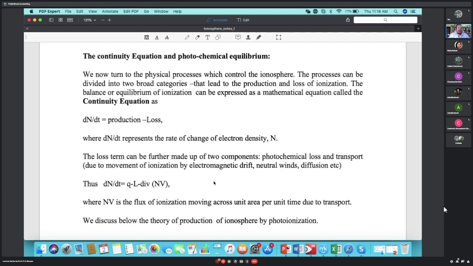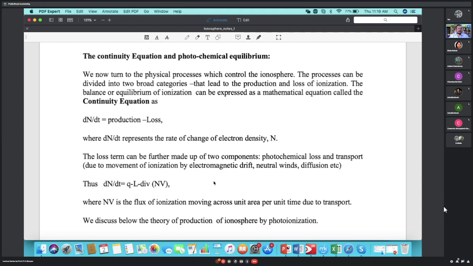But with that, you will also have transport. Transport means, suppose you just consider a box in your laboratory where you are producing ions and electrons. As long as this box is immune to any movement to and from outside, that means plasma not going away from the box, it is a shielded box.